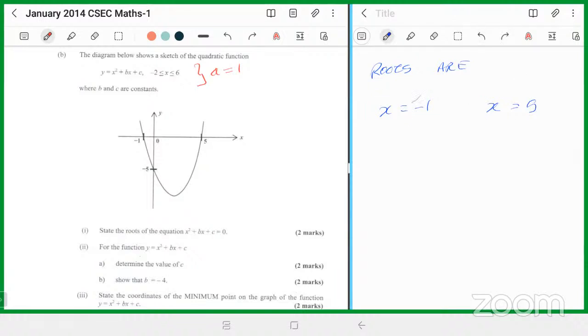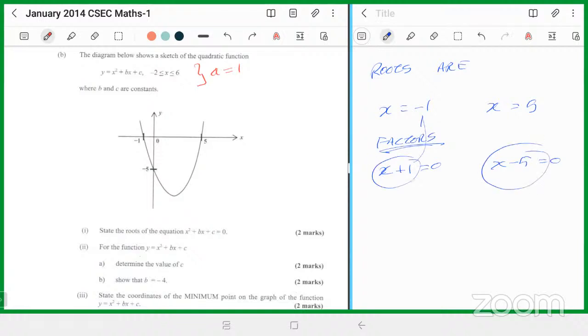If these are the two roots, then what are the factors? We need the factors, going from the roots to the factors. The factors would be x plus 1 equals 0 and x minus 5 equals 0. I'm putting equals 0 because that is how we'll go from here to the root.